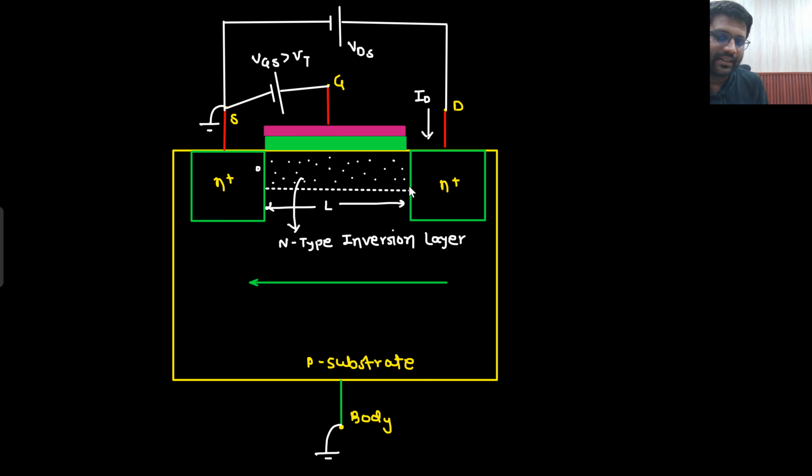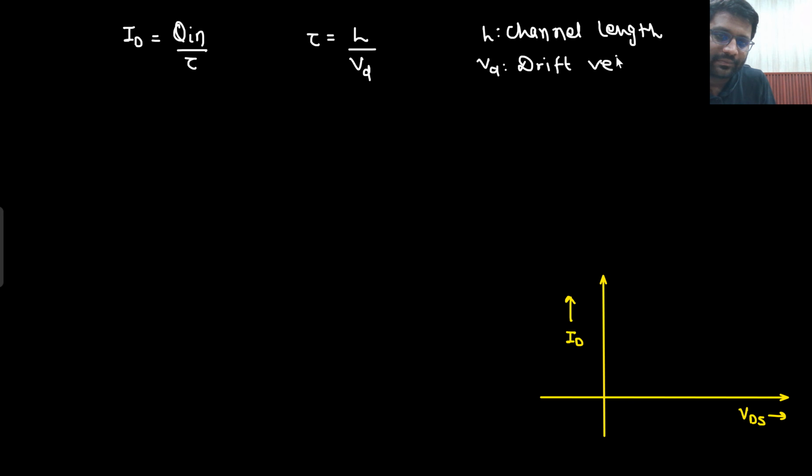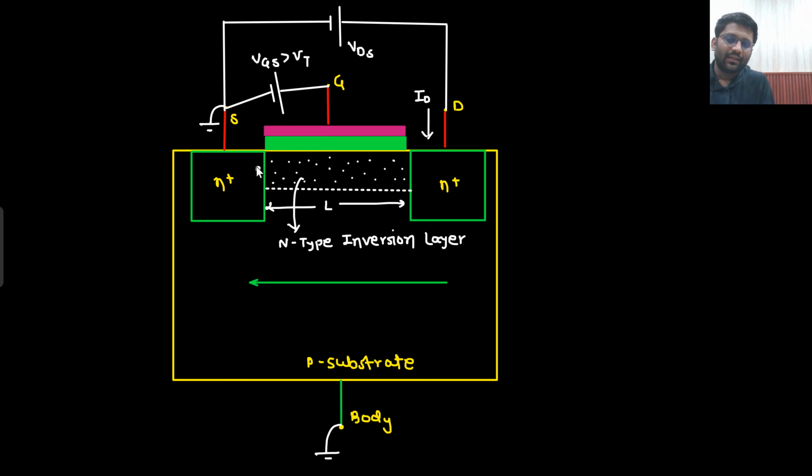L is the channel length, and Vd is the drift velocity of electron. Basically, if some electron is getting out of the source, then it will cover the distance of L only, just as it covers the distance of L, drain is available.